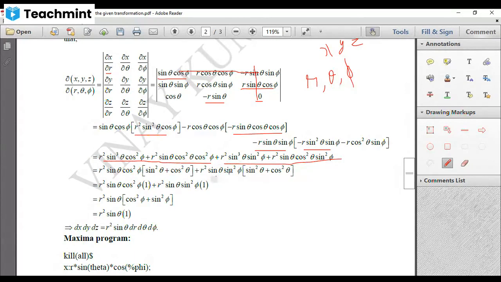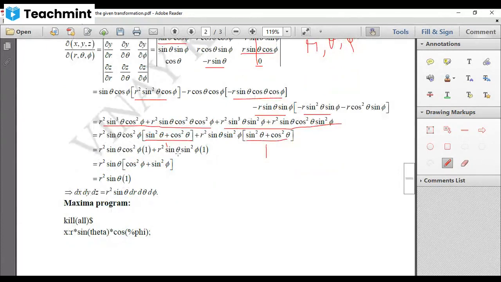Right? So if you take out that, then sin theta, here 1 sin theta has come out, remaining is 2, therefore sin square theta will remain here. Plus r square sin theta sin square phi has come out, so remaining is cos square theta here. And we know that sin square theta plus cos square theta is 1. Right? Substitute that one. Now see, in these two, r square sin theta is common. So remaining is cos square phi plus sin square phi. And this is also 1.